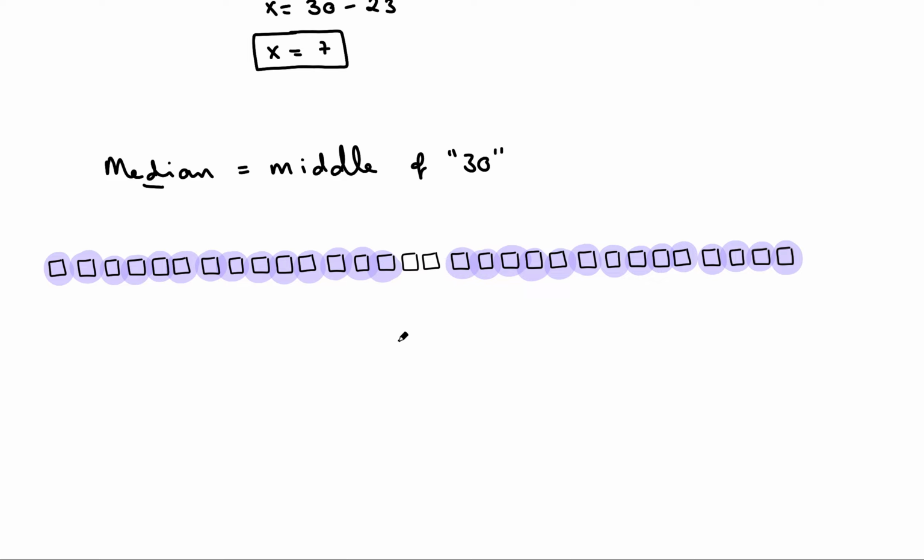So what I'm left with here is 2 in the middle. So that tells me that the median of 30 is in between those two outcomes, whatever they might have been.